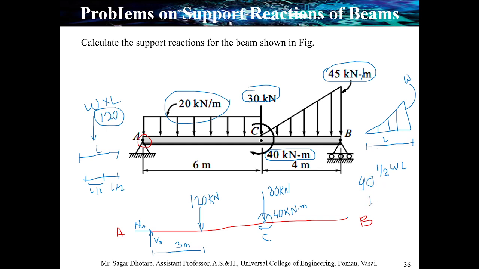The length, which can be placed from the left side, is 2/3 of L, and from the right side it's 1/3 of L. So you can convert the length and apply.